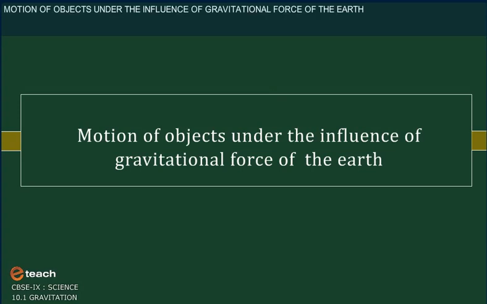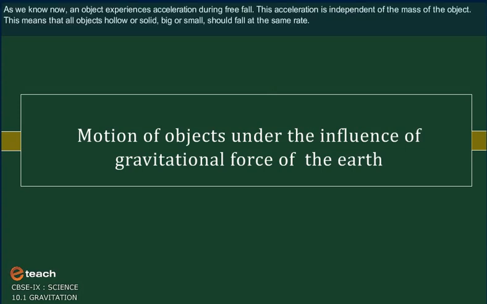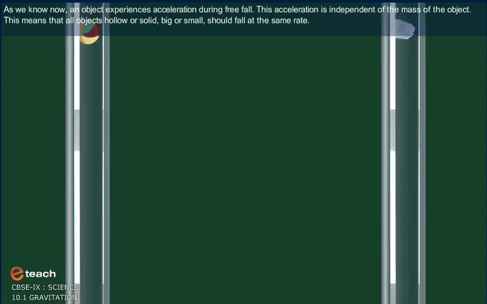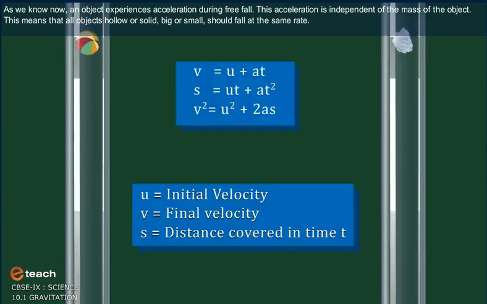Motion of objects under the influence of gravitational force of the earth. As we know now, an object experiences acceleration during free fall. This acceleration is independent of the mass of an object. This means that all objects, hollow or solid, big or small, should fall at the same rate.